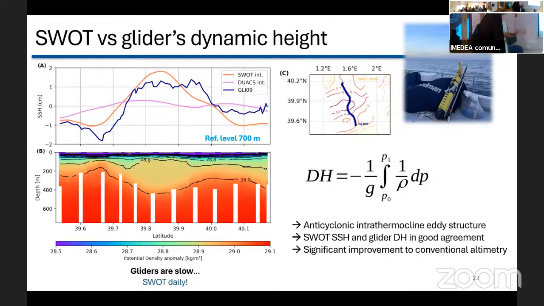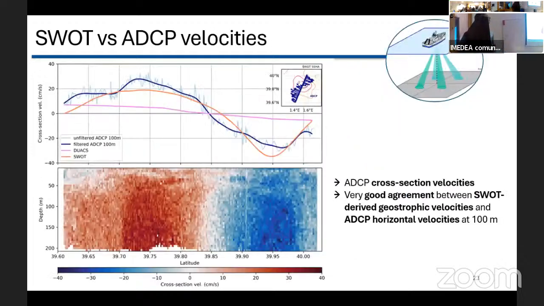So we can say that comparing SWOT sea surface height and glider dynamic height, we see a significant improvement over conventional altimetry. The final comparison I did was with the cross-section velocities obtained with this ADCP.